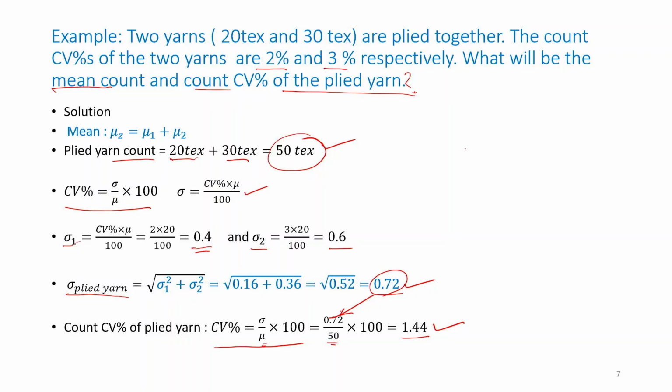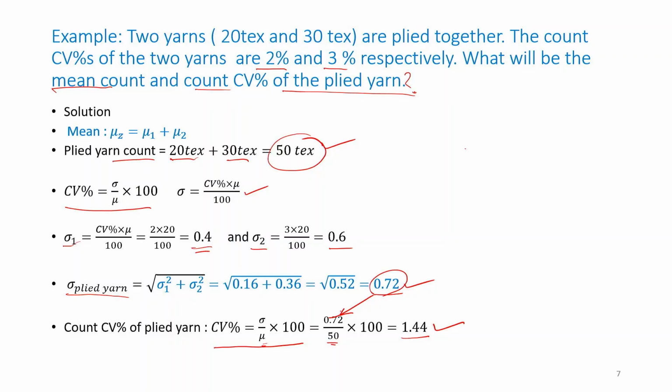Maybe we are plying 5 yarns, 2 of 20 ticks and 3 of 30 ticks. Then what is going to be the final standard deviation? In that case, for 2 yarns of 20 ticks, A1 is going to be 2, and for 3 yarns of 30 ticks, A2 is going to be 3.